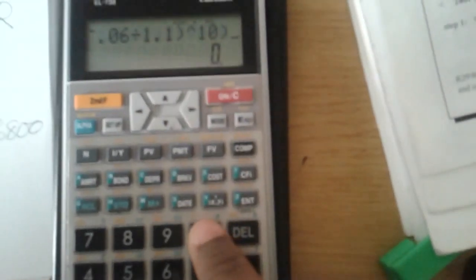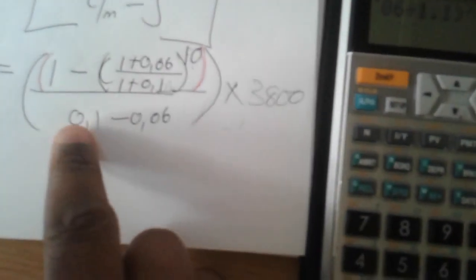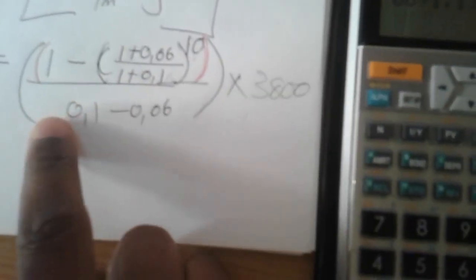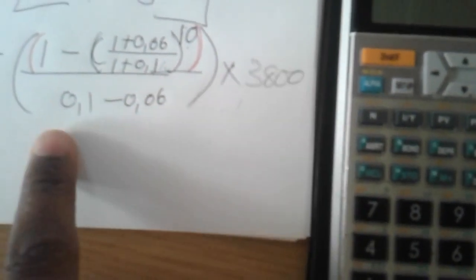We now divide by. Now again here, you've got two options. You can punch it as it is, or you can solve it in your head. If you were to solve it in your head, it will be 0.04. Or let's say you want to punch it as it is.